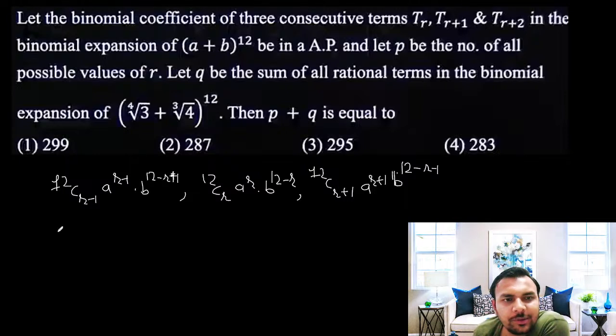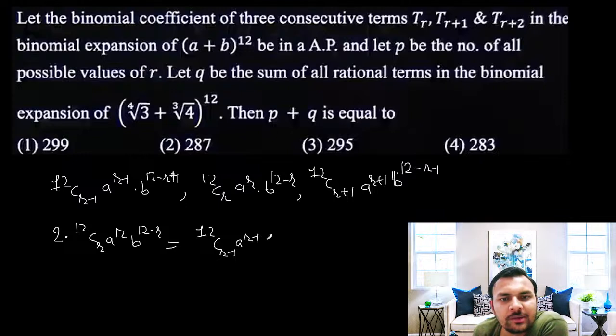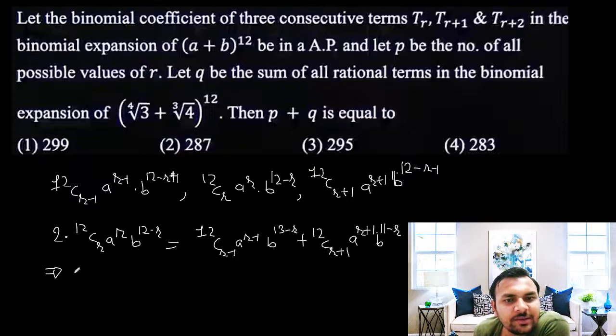Okay, so 2 times 12Cr a to the power r, b to the power 12 minus r is equal to 12C(r-1) a to the power r minus 1, b to the power 13 minus r, plus 12C(r+1) a to the power r plus 1, b to the power 11 minus r. Okay, so we can simplify it.